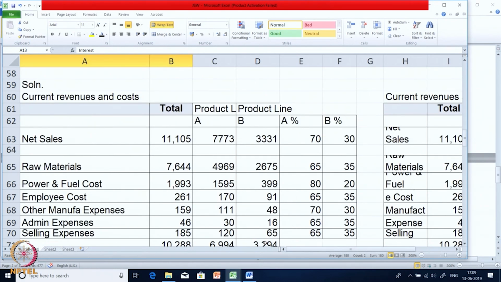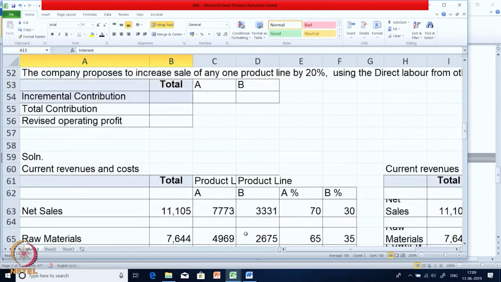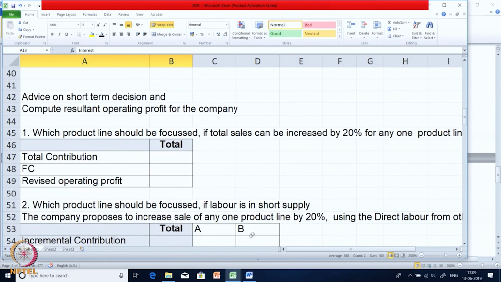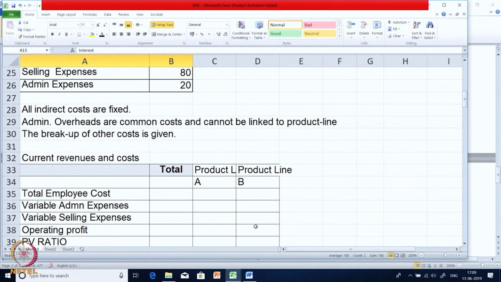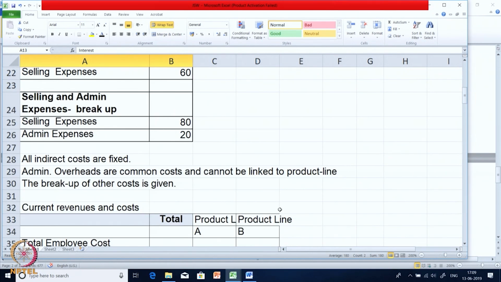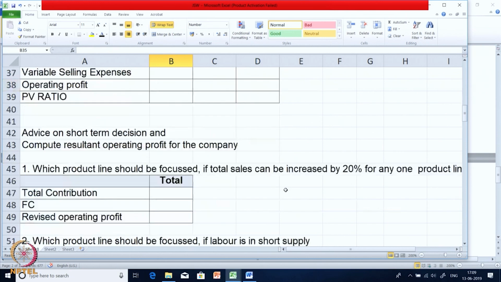Okay. So we have separately done for total cost, we have also done it for variable cost. Now there were few questions which were asked. For current, they have asked what is the total employee cost for A and B and also total of the total.